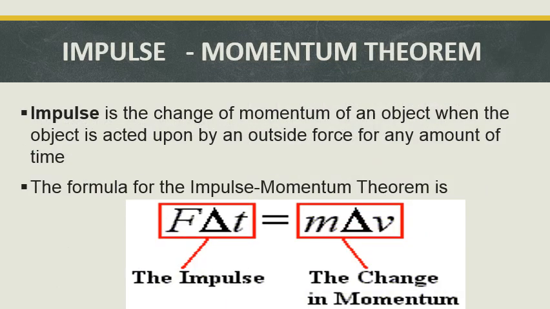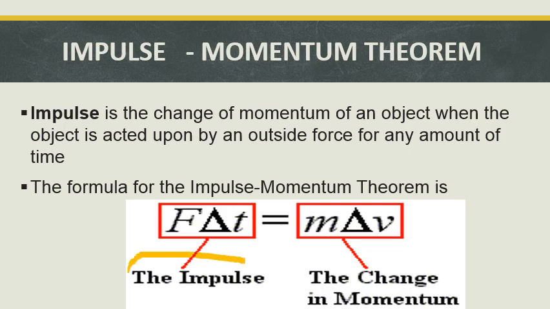So this ninth chapter in the first section talks about the impulse-momentum theorem. We already know that impulse is the change in momentum of an object when the object is acted upon by an outside force for any amount of time. So the theorem that we use is right here.